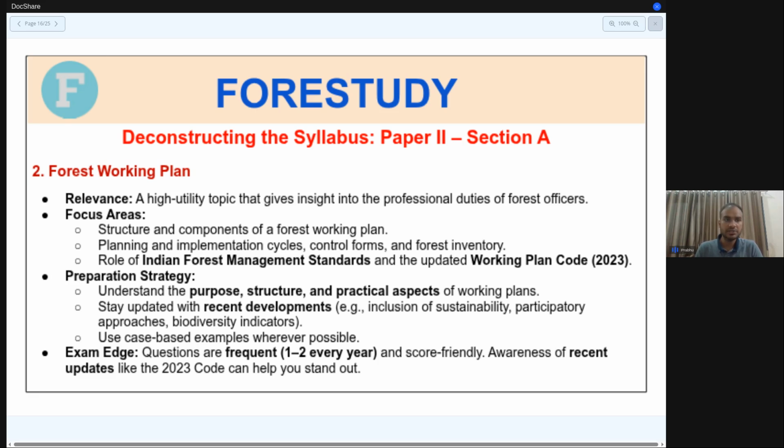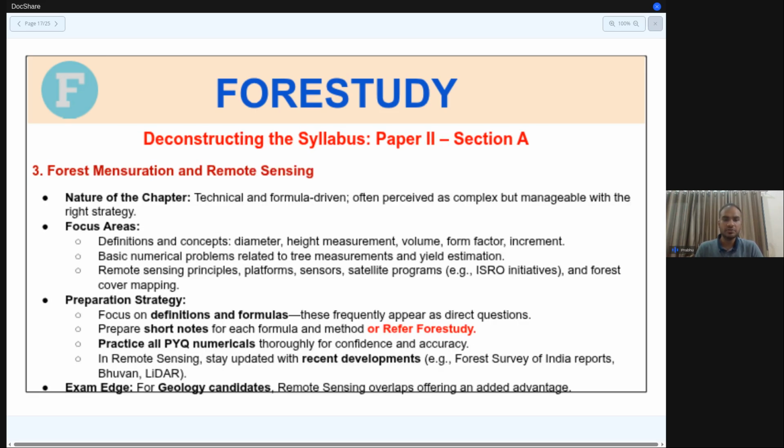The next chapter is forest mensuration and remote sensing. This is a mathematical type of chapter in forestry. You may come across many numericals, and many concepts that involve formulas and definitions. So the key here is also to complete the definitions and formulas and understand the concepts very well.